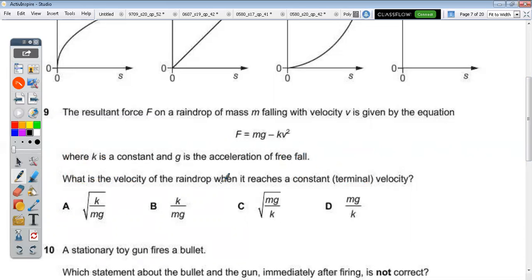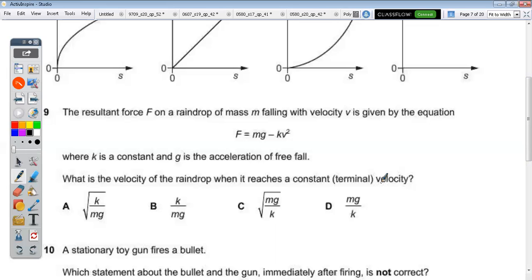What is the velocity of the raindrop when it reaches the terminal velocity? So you make v the subject of the formula.